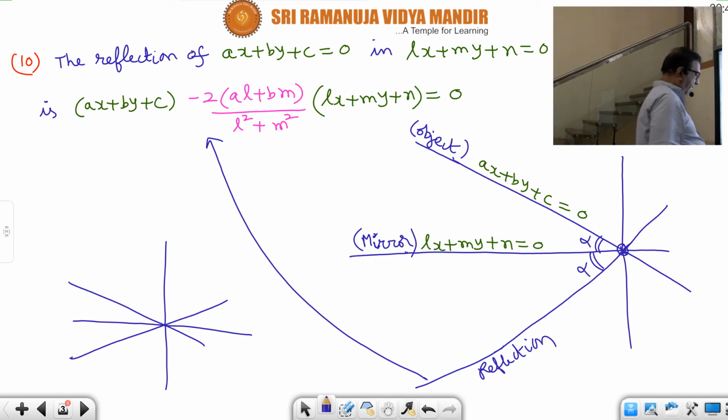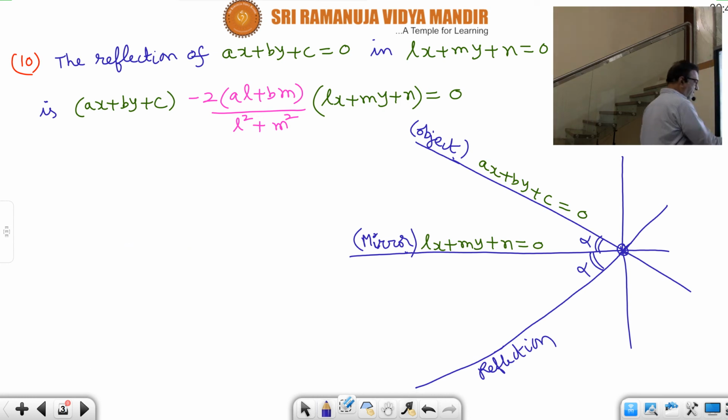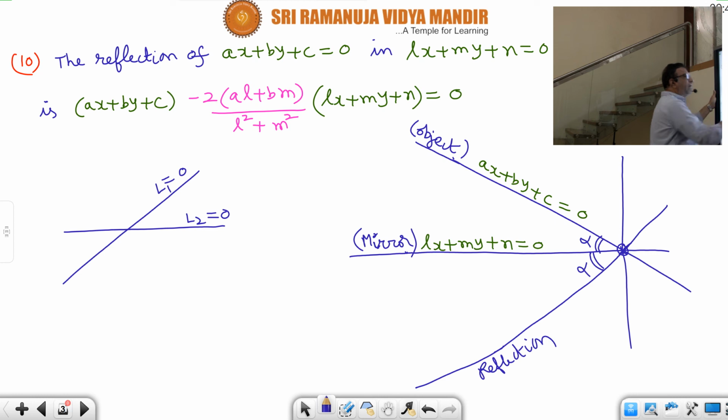See, now one more point I want to tell you. Remove this and remove this. Let us remember this formula. Suppose L1 equal to 0 is one line, L2 is equal to 0. Do you remember the family of lines formula?